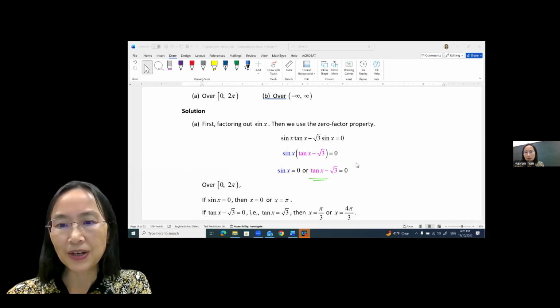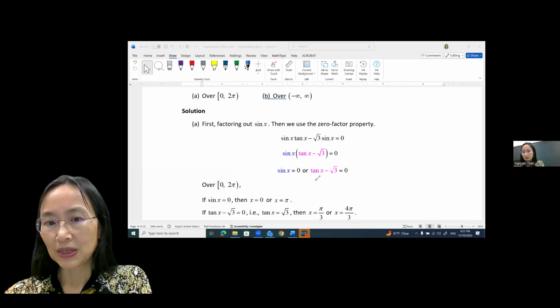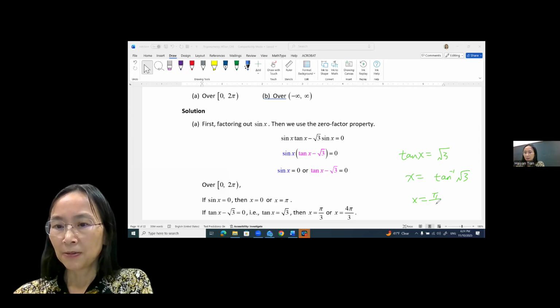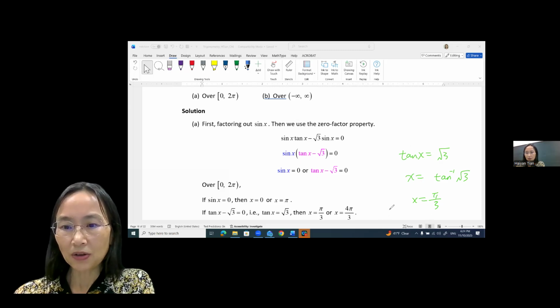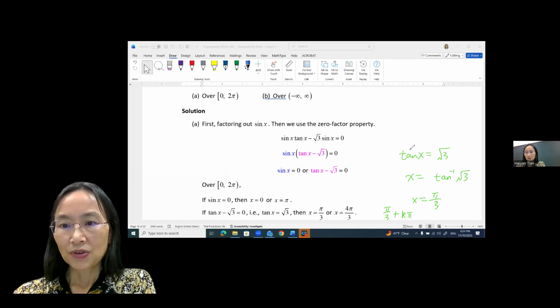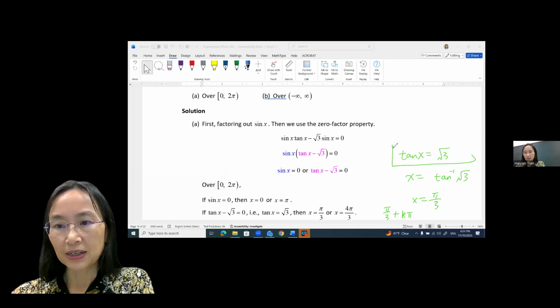So for example, if we find one solution already using the tangent inverse, we find that x is pi over 3. Yeah, if you can find this one, then you can find all, because pi over 3 plus any integer multiple of pi will still be a solution of this equation over the larger interval.